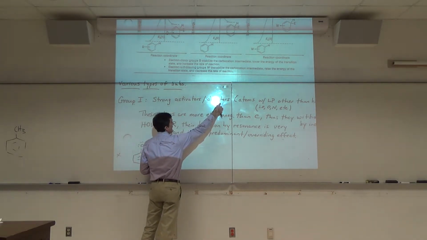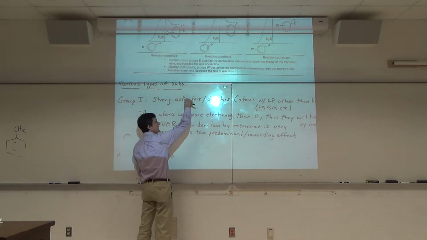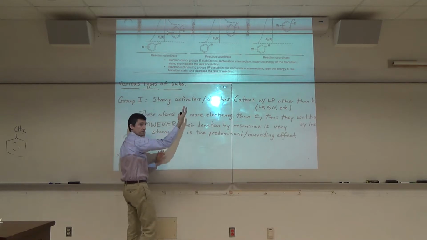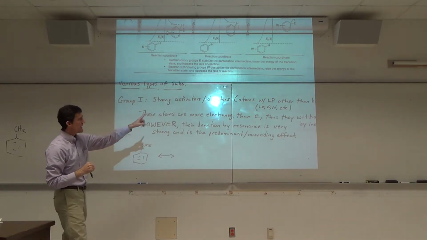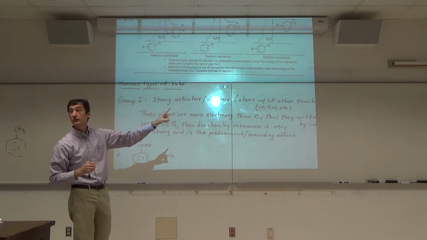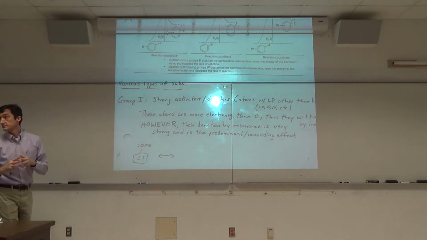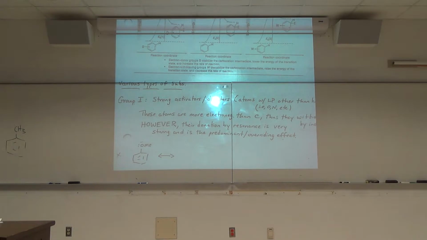They strongly donate electron density, and thus that activates the ring. These are atoms with lone pairs other than halogen, and the most common are oxygen and nitrogen.